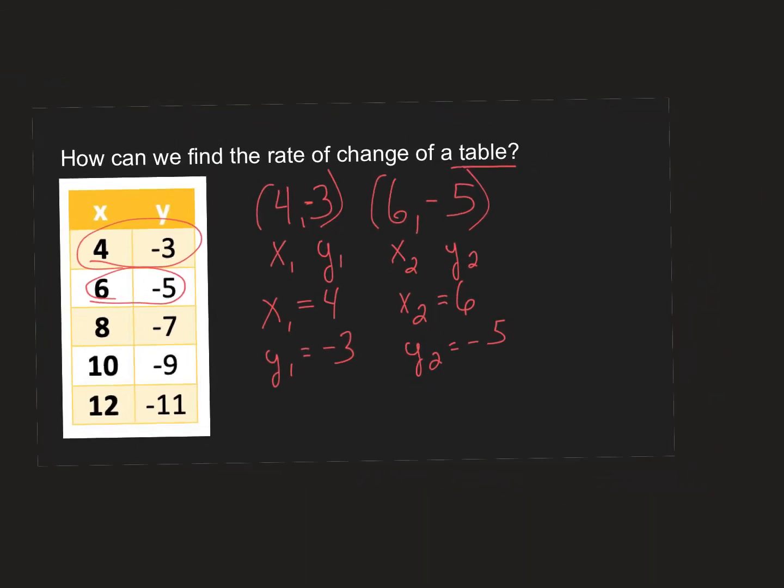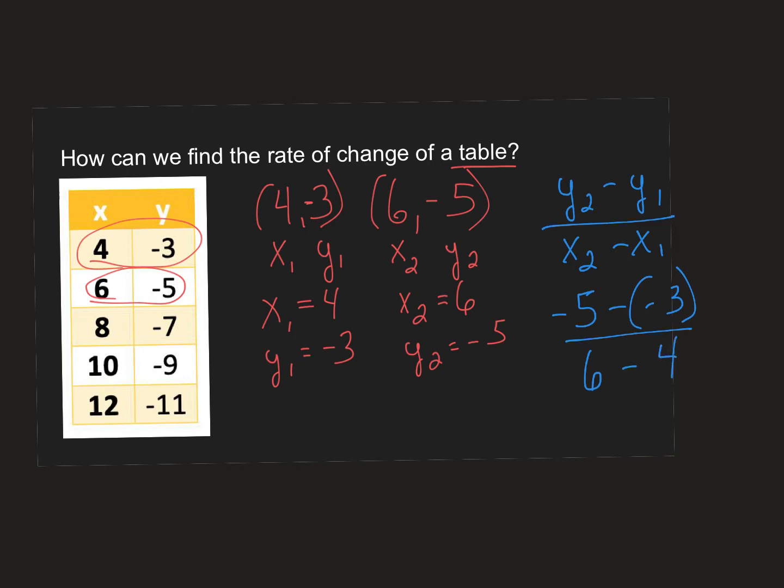Now we're going to put that into our slope formula, which says y2 minus y1 divided by x2 minus x1. So I know my y2 is -5, so it's -5 minus my y1, which is -3, divided by my x2, which is 6, minus my x1, which is 4.